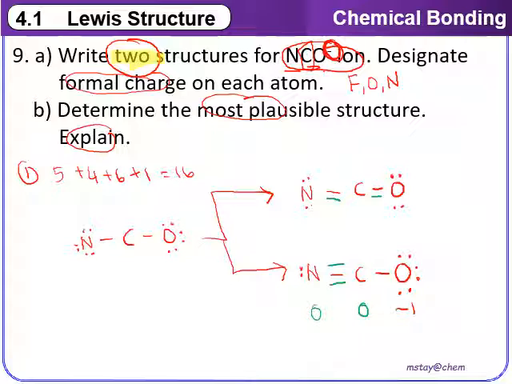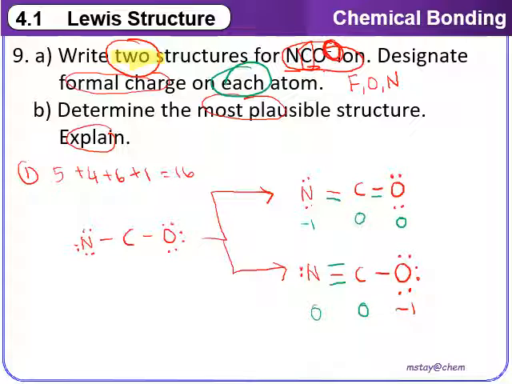Okay, so don't forget the question here asks for each atom, so here we also need to calculate the formal charge. 5 - 6 is -1, 4 - 4 is 0, 6 minus 6 is 0.